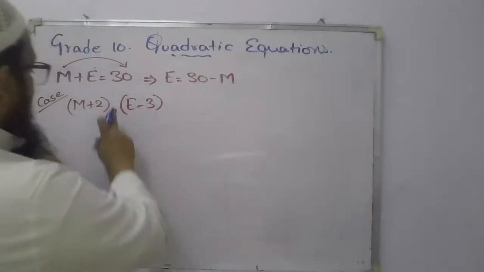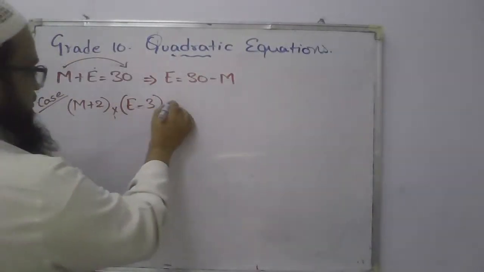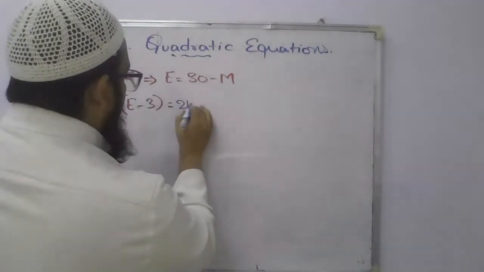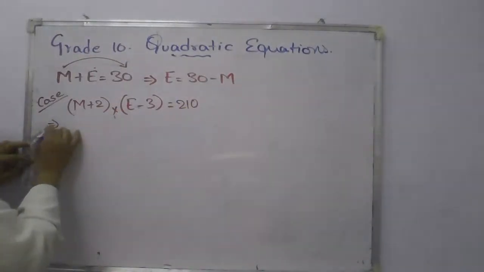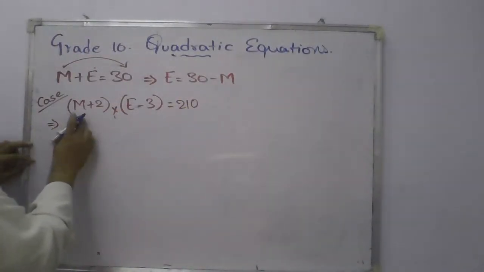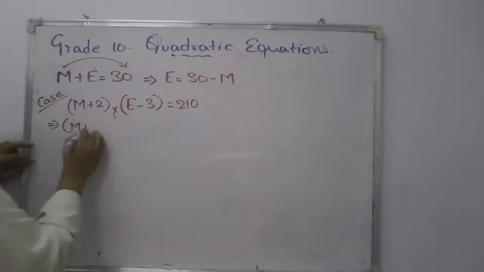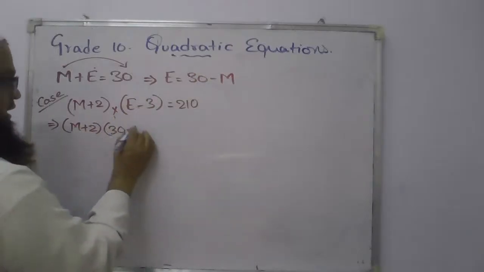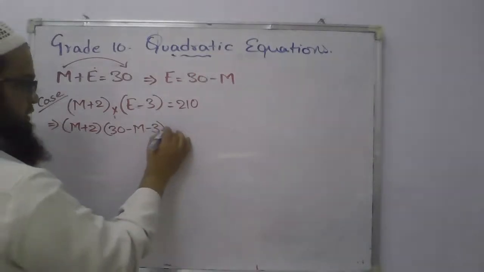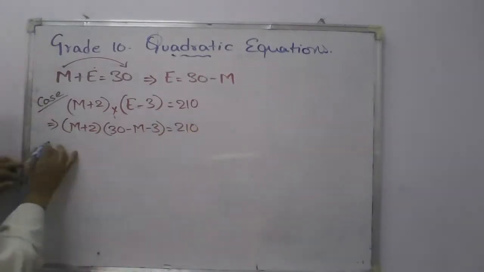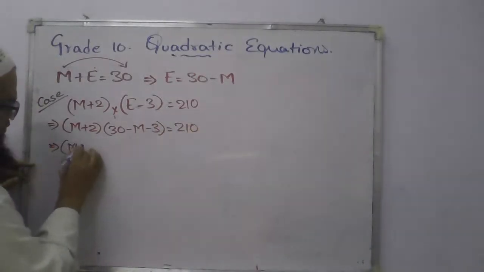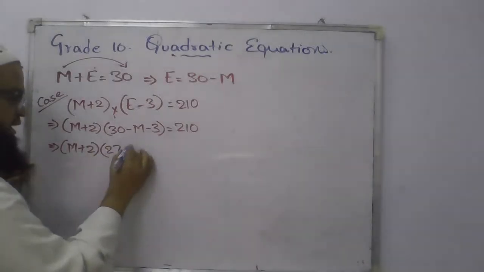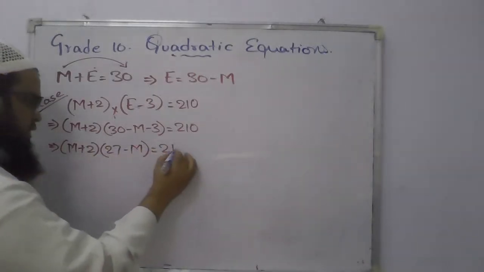So then their product is equal to 210. So that implies, maths marks M plus 2 times what is English? 30 minus M minus 3 is equal to 210. So that is equal to M plus 2 times 30 minus 3 is 27 minus M is equal to 210.